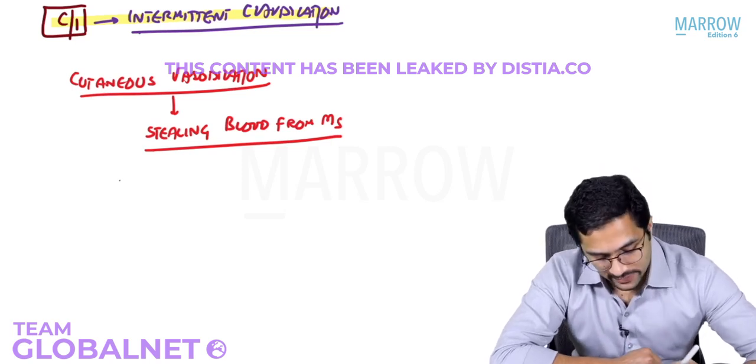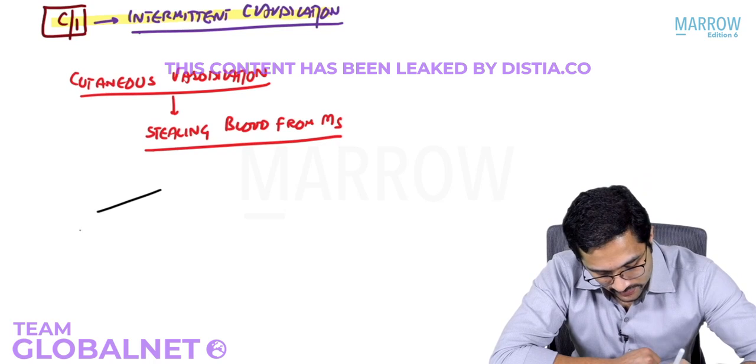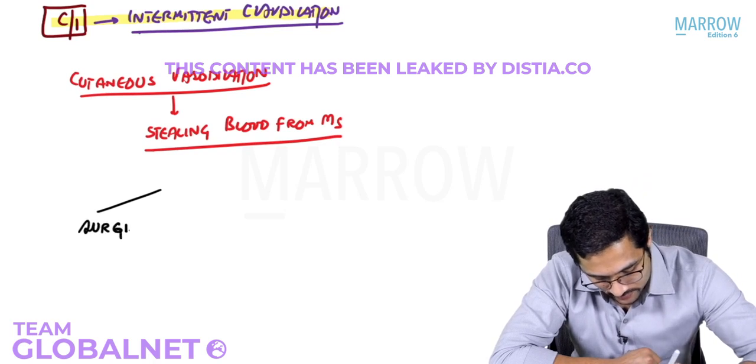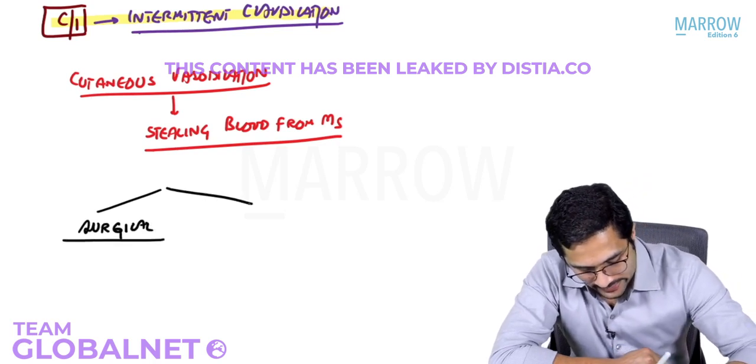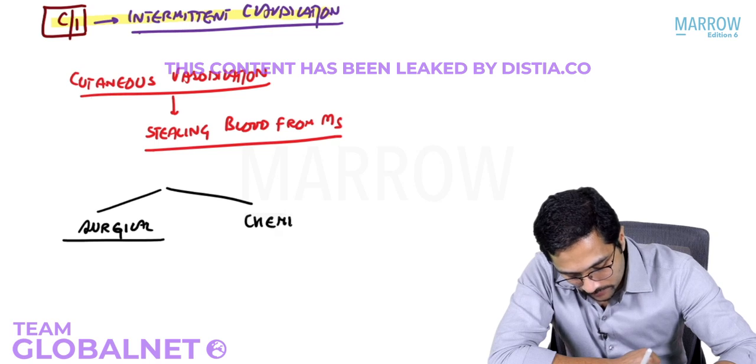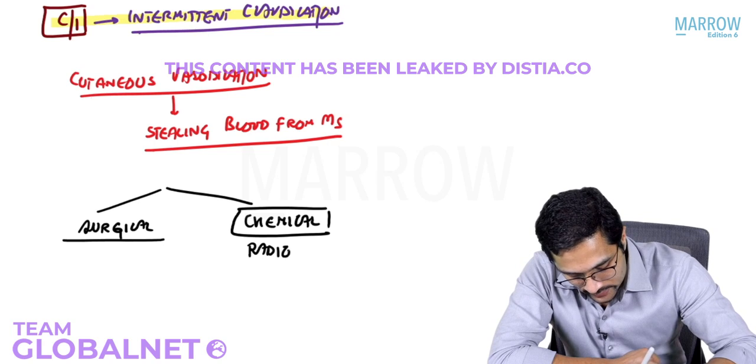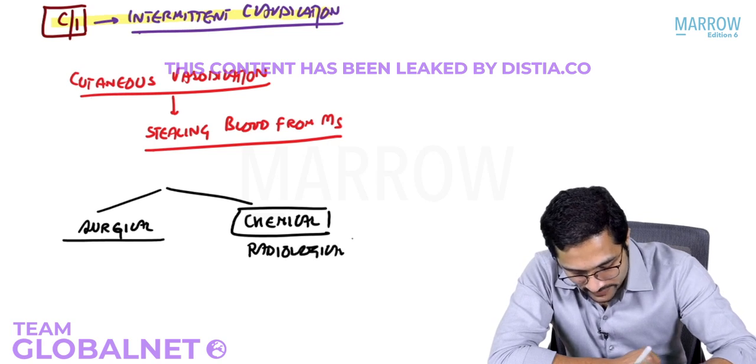Now, lumbar sympathectomy can either be done via the surgical method, or it can now be done via chemical lumbar sympathectomy, which can be done under radiological guidance. So you don't need to operate on these patients.